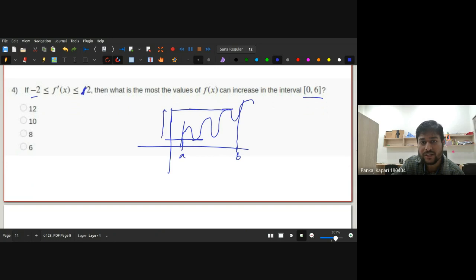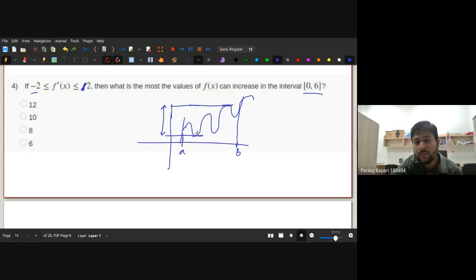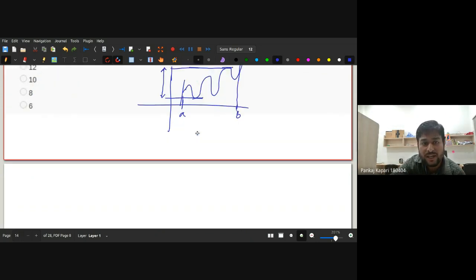Okay, so it just asks the maximum difference, not the exact value. The exact value we cannot find here because the function is not given, but we can approximate the maximum error or the maximum variation in the function. Okay, the difference between the maximum and the minimum value, how much that can be at most.